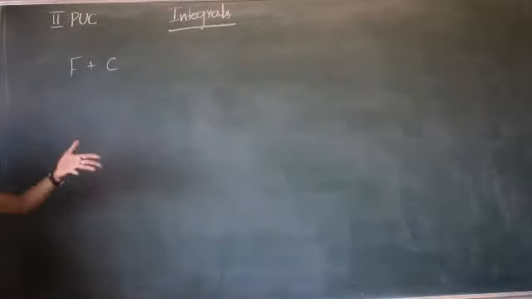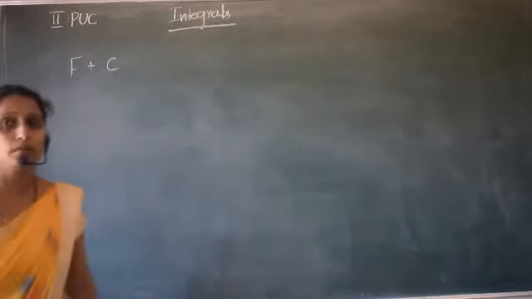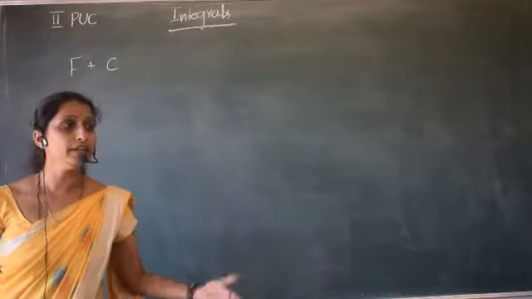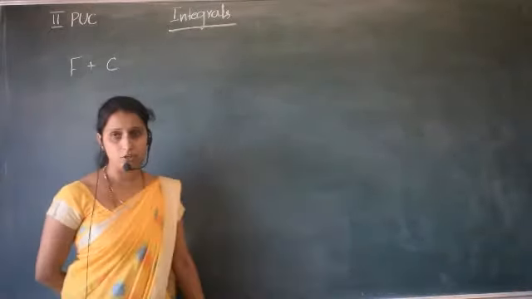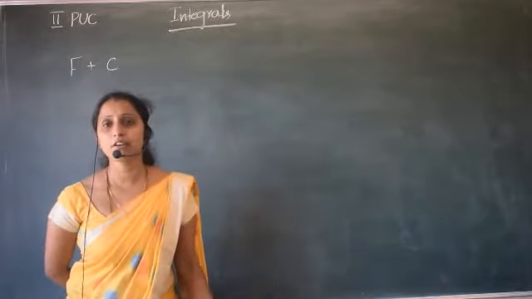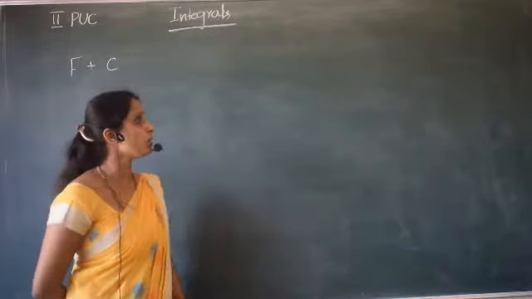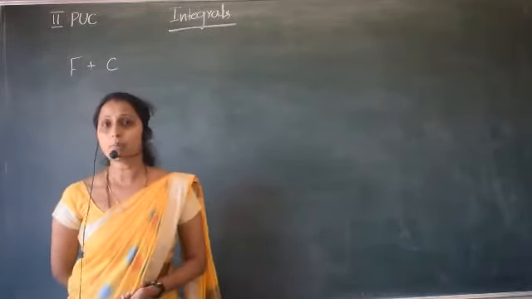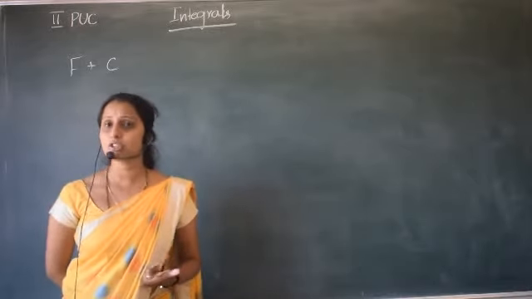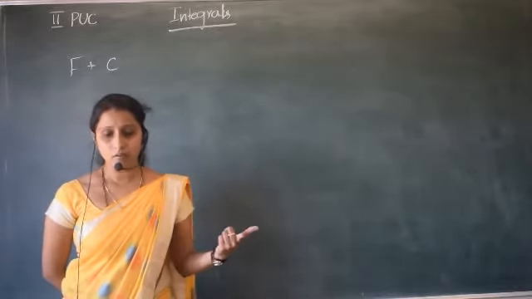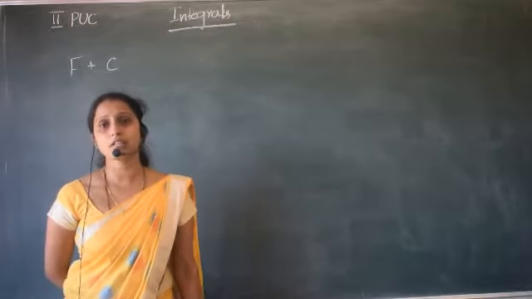We have already solved some of the problems, that is finding the antiderivative by inspection. Finding the antiderivative by the method of inspection is not possible for all the functions. If it is a polynomial, we can find out, exponential we can find out, trigonometric functions also we can find out.